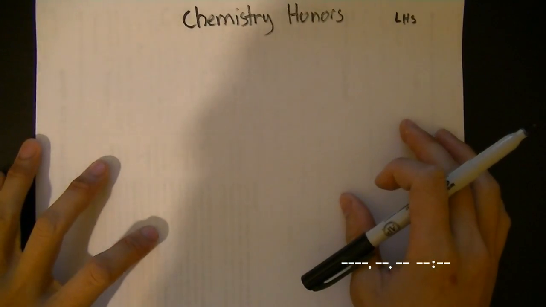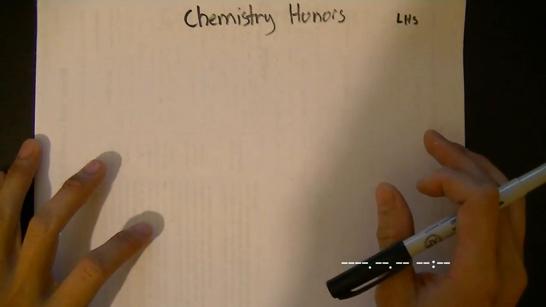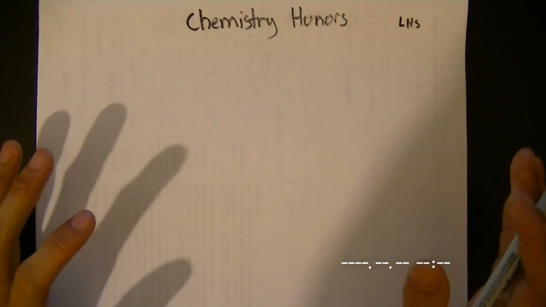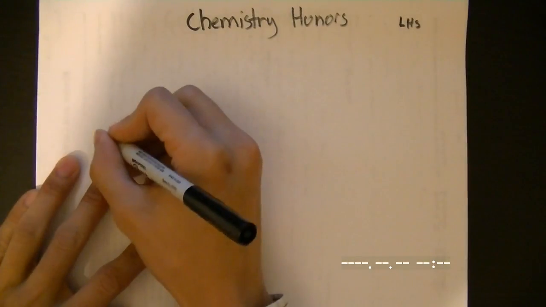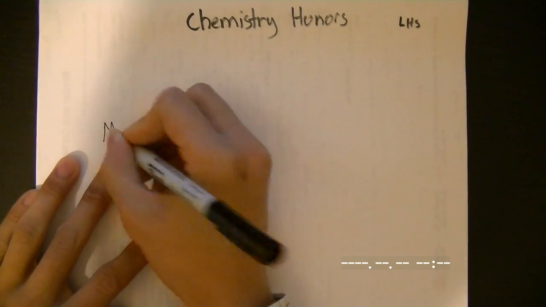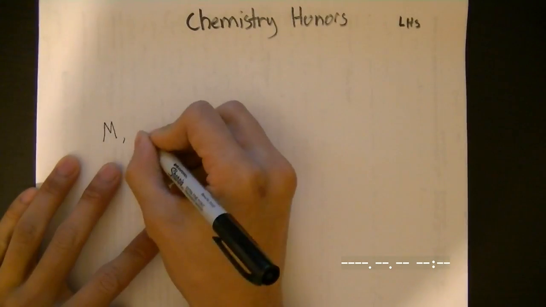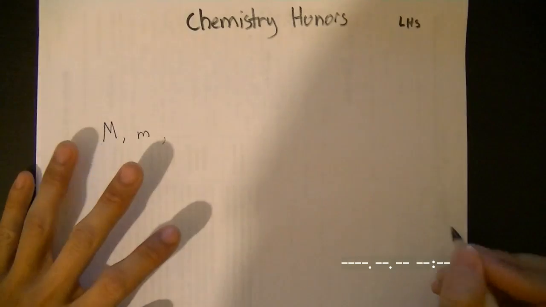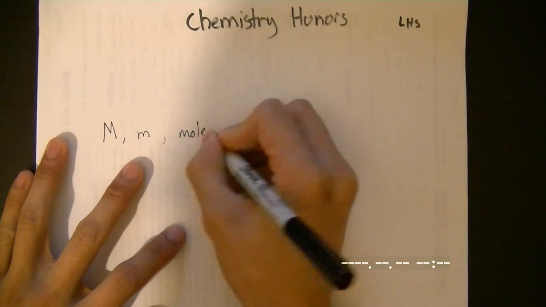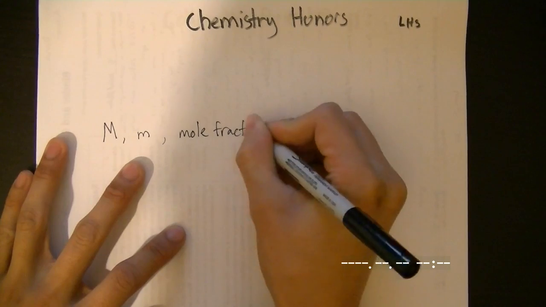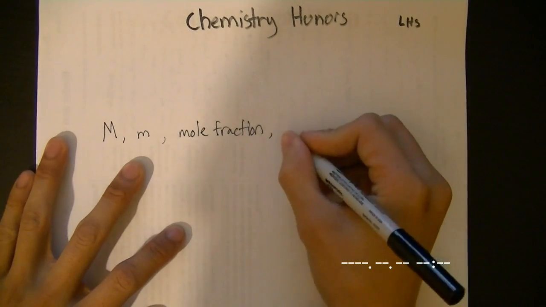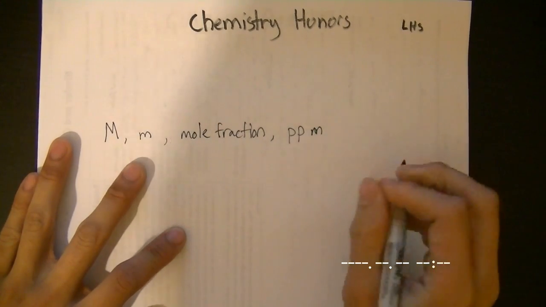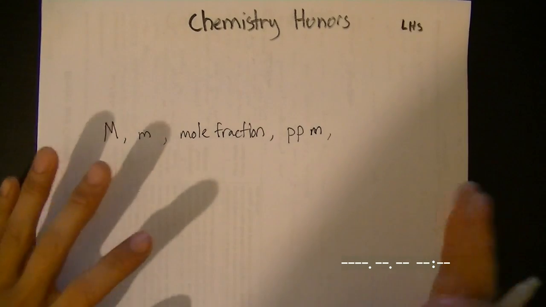This is our next lesson in terms of solutions. So far we've been talking about concentrations of solutions and a very brief overview of the different types of solutions. We've been talking about molarity, moles over liters, molality, which is moles over grams, the mole fraction, moles over moles, and parts per million, essentially grams over grams times a million.